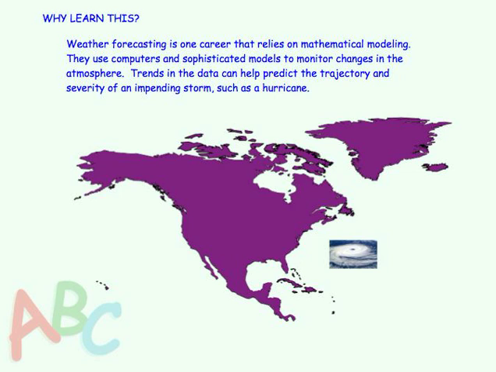So for example, if the trajectory of the hurricane is heading west, then they can guess what part of the United States this storm will hit. So that's one way of using recursive formulas, or using math in daily life.